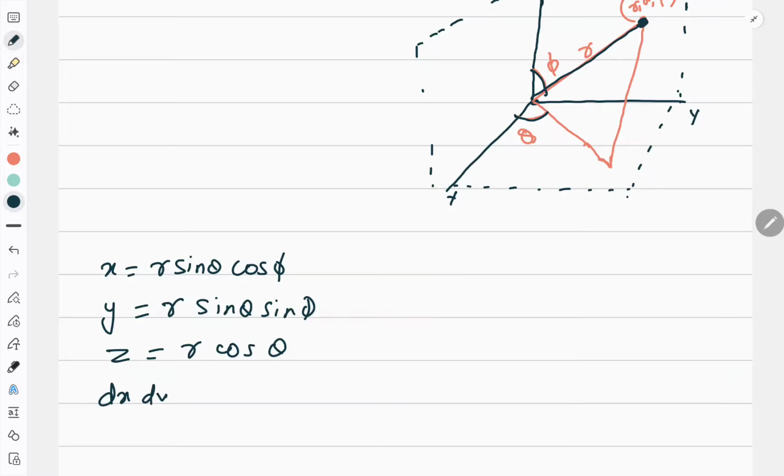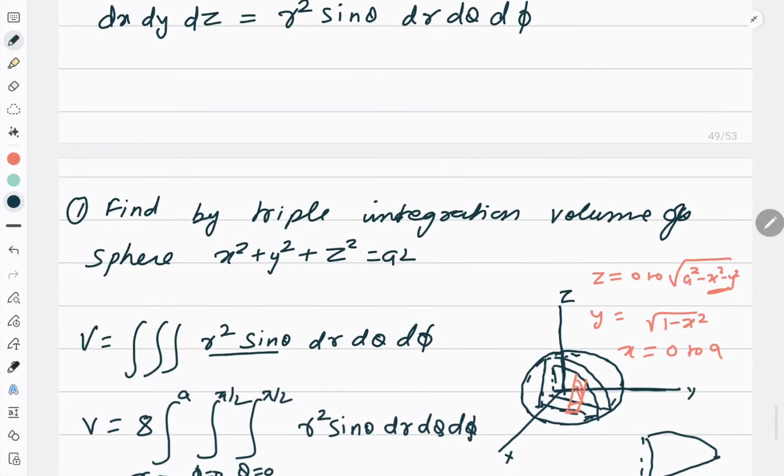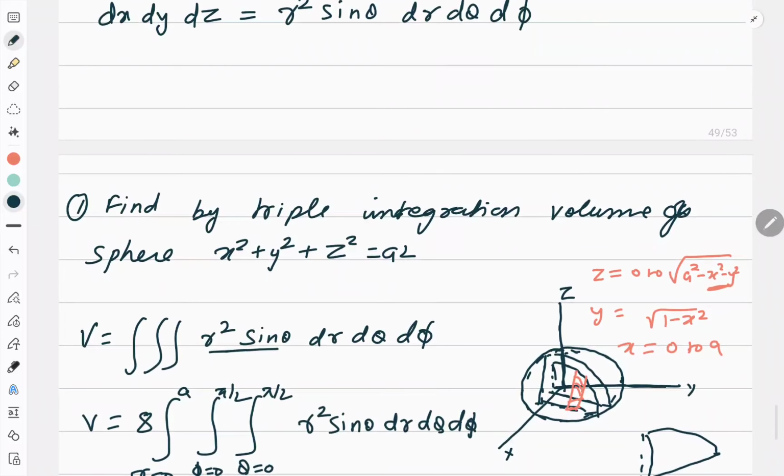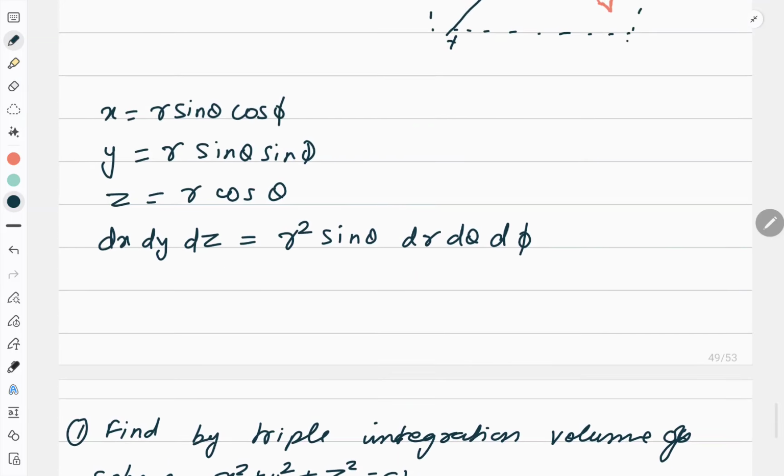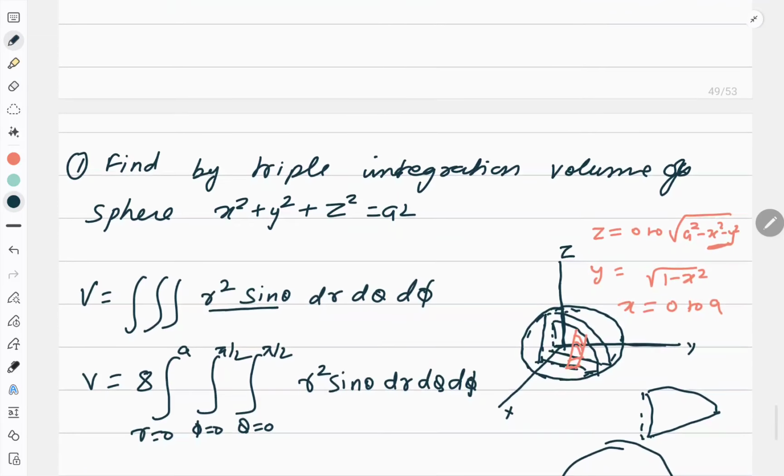And dx dy dz is equal to r square sine theta dr, d theta, d phi. So in a case like here, they have not given a function, they have just directly said triple integration, find the volume. If they had given some function in terms of x, y, z, and I wanted to convert it to spherical coordinates, then I would be using this. That I will show you in one question, don't worry about it.